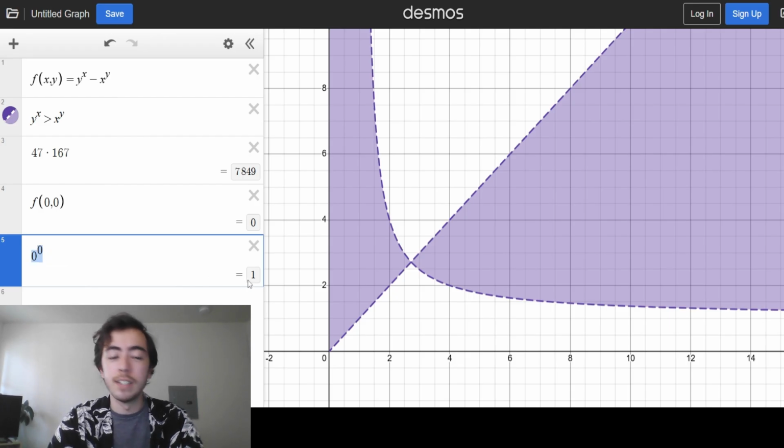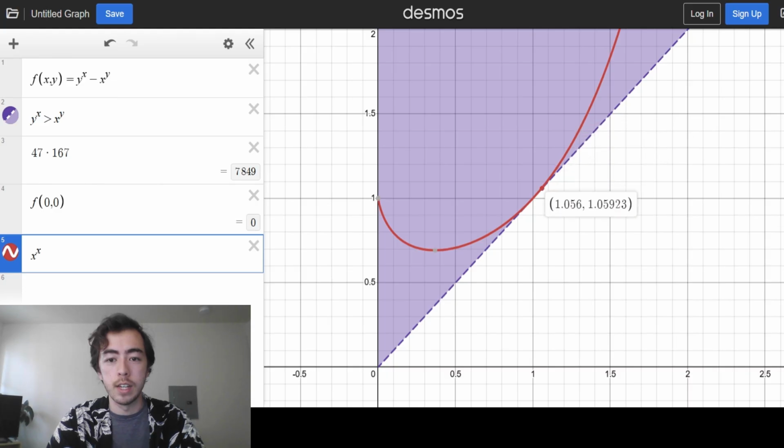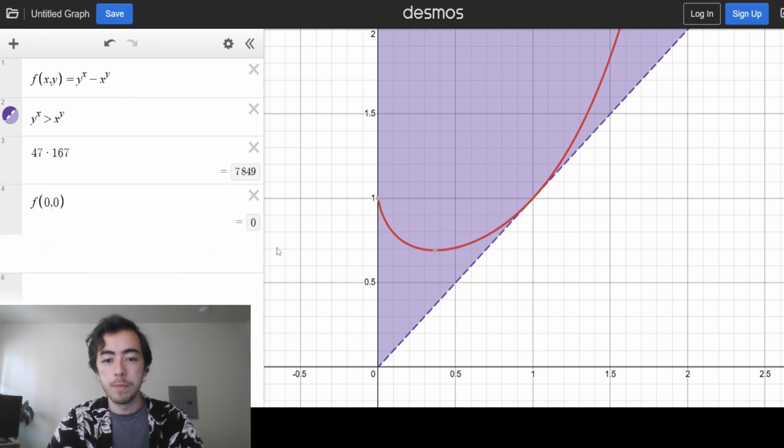And it is even saying that 0 to the power of 0 is equal to 1, though that is a little bit incorrect. It does approach the value 1. Here we can see that as x gets closer to 0, the value gets closer to 1, though this is more of a limit idea rather than an actual true value.